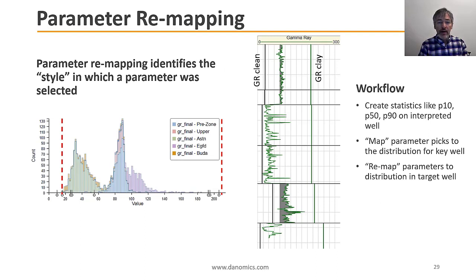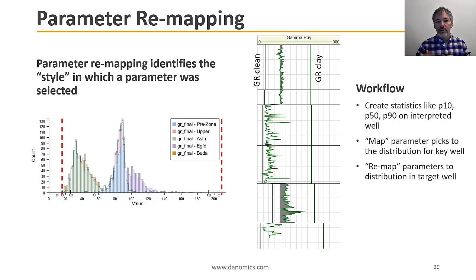Okay, in Denomix, there's something that we use called parameter remapping, and I like to say this is an algorithm that looks at the style in which you make your interpretation. So, the easiest way to think about this is looking at something like the gamma ray.